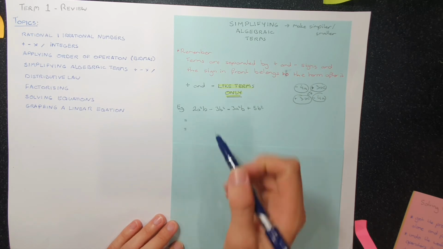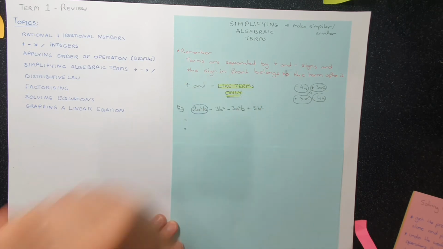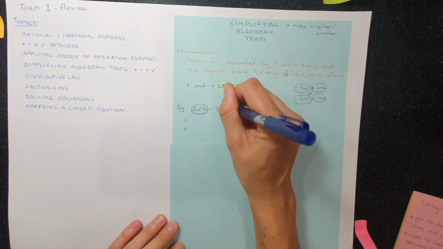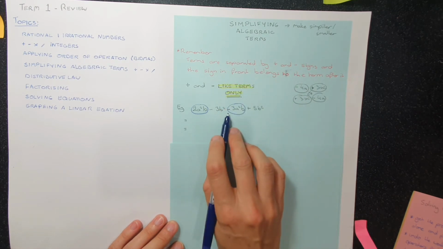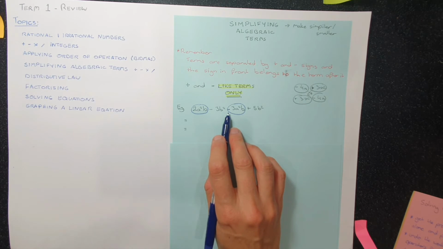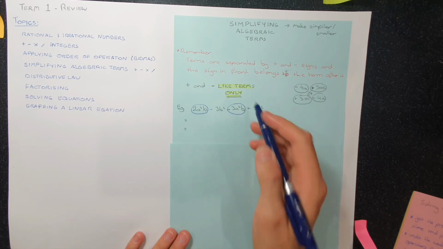So I can see already that 2a squared b is a like term with negative 3a squared b. Make sure you circle the sign in front because it belongs to that term. And then I can also see that negative 3b squared is like terms with positive 5b squared.